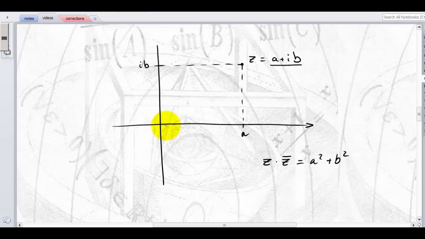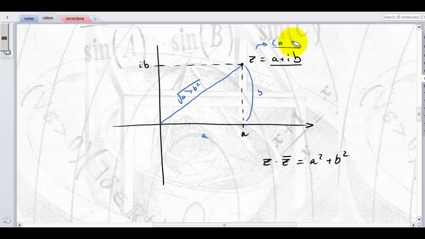If this were the Cartesian plane, you would be looking at the square of this length right here, by the Pythagorean theorem. This complex number would be (a, b) instead, right? So that's b, that's a, and the distance is the square root of a squared plus b squared by the Pythagorean theorem. And that's just the distance between 0 and this point right here.